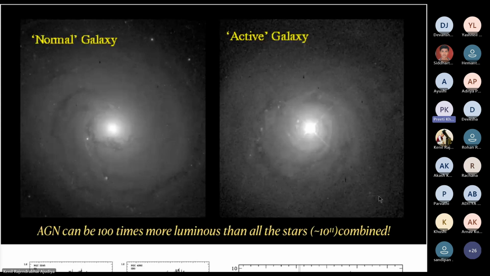In cases where the point source is so luminous that you don't see much of the starlight, if you took a short exposure image, you would only see the star-like object. That is why some of these so-called active galaxies are called quasi-stellar objects, star-like objects.